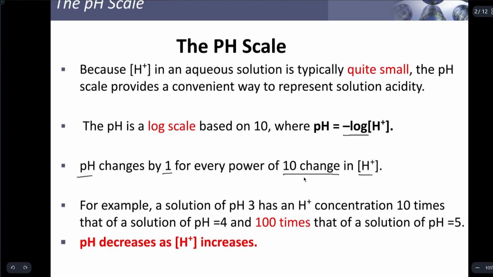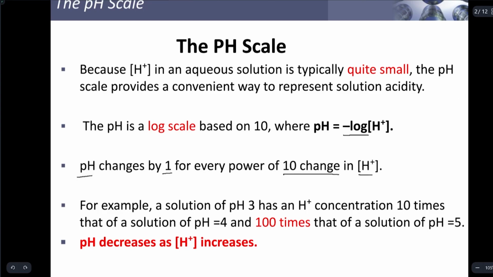For example, a solution that has a pH of 3 will have 10 times higher concentration of H plus than, let's say, something with a pH of 4. And the pH of 4 has 10 times higher concentration of H plus than that of something with pH of 5.